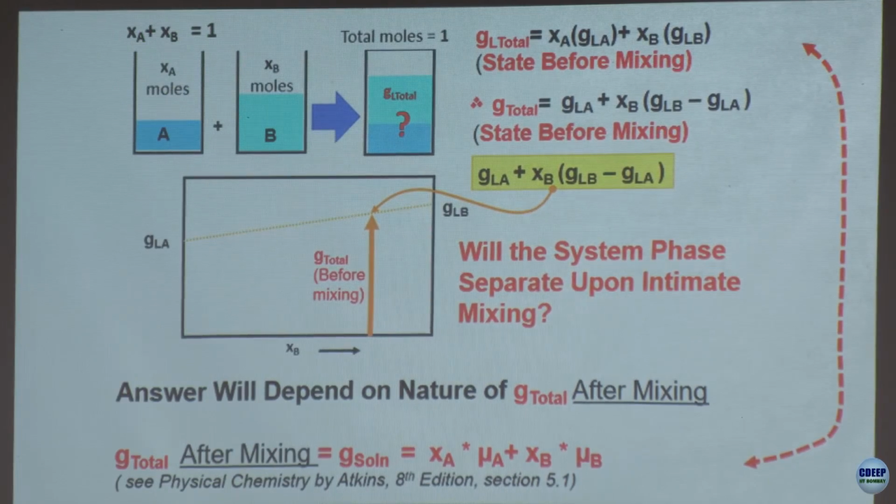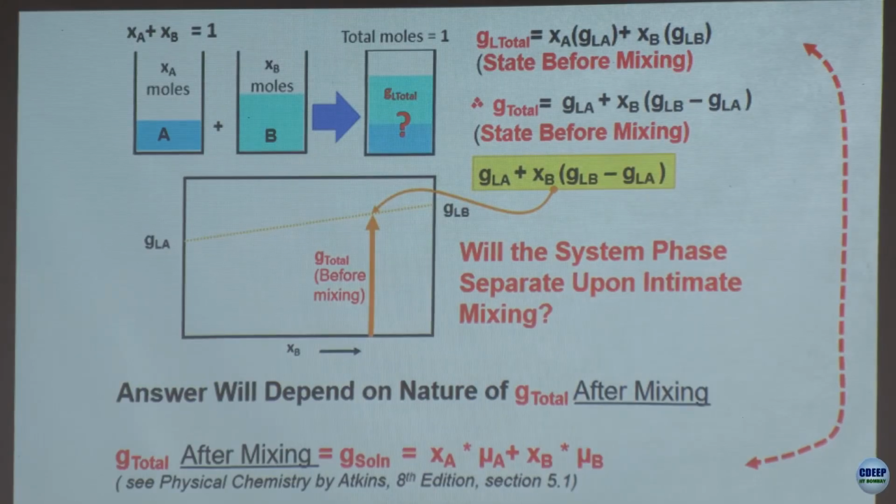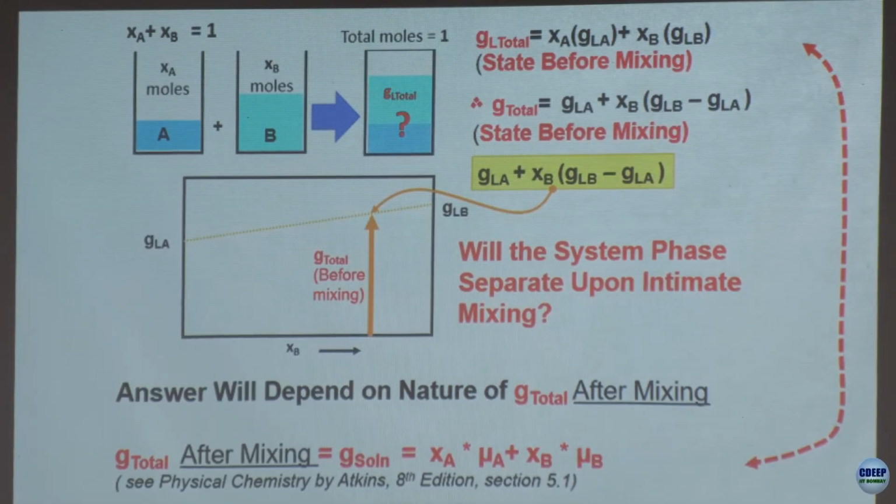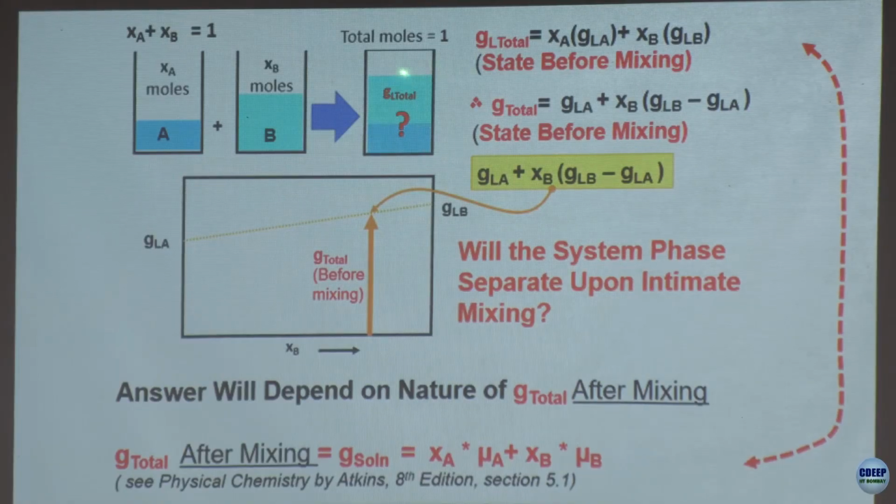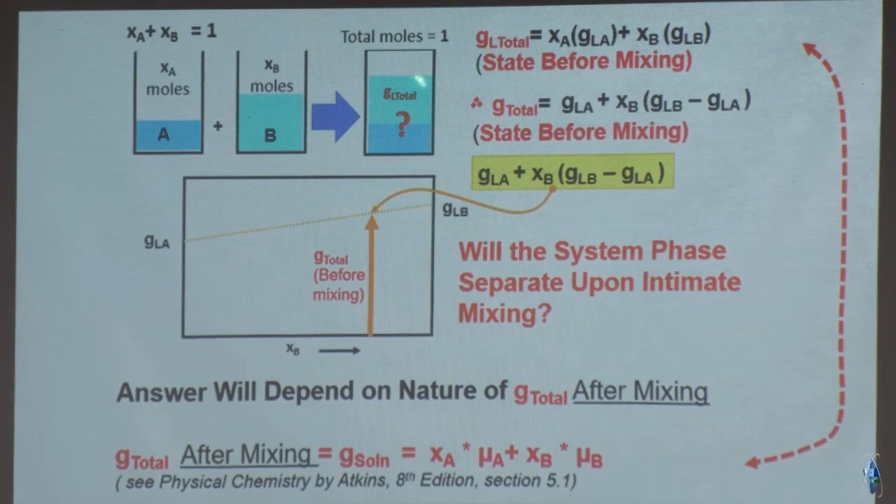Fine. And supposing we just pour one of these on top of the other, and because of their density differences they are not mixed at all, so the total mass is 1 mole. What is the Gibbs free energy for this total of 1 mole?